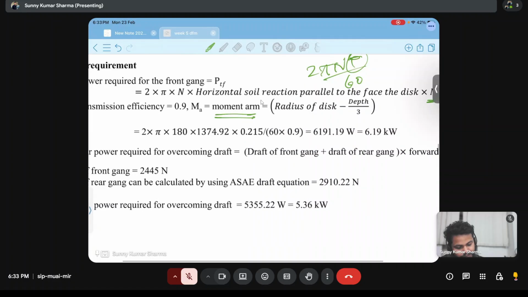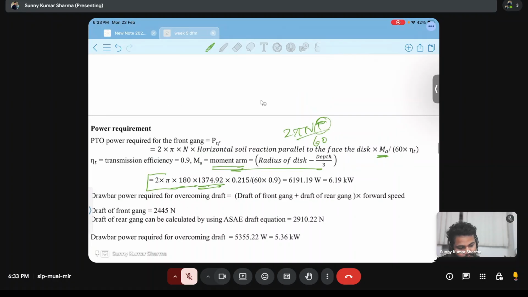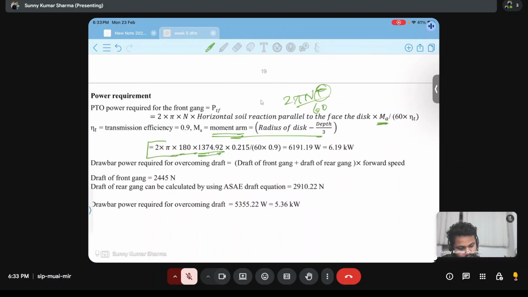So this torque is the draft force acting at a distance of this moment arm. So 2 pi, n is 180 rpm, this value is the moment arm, and 60 and 0.9 is the transmission efficiency. So this is 6.19 kilowatt.